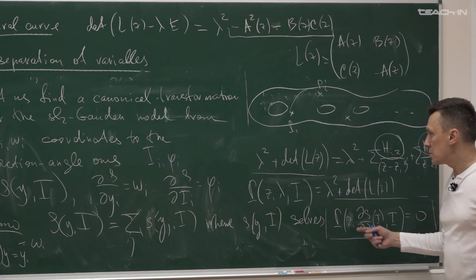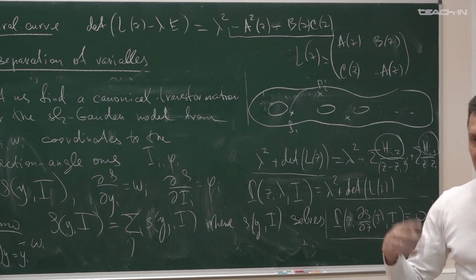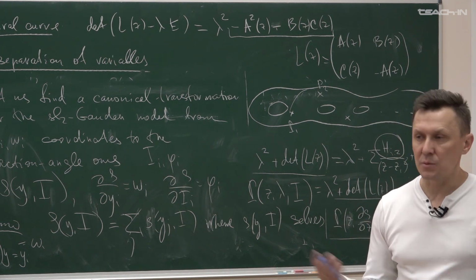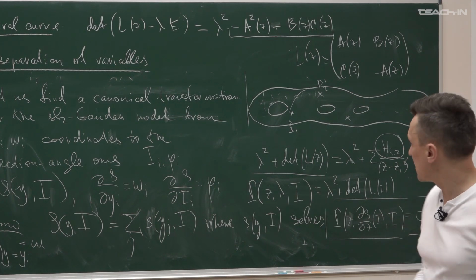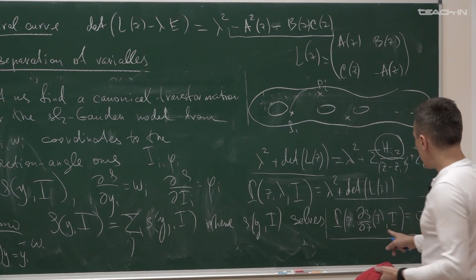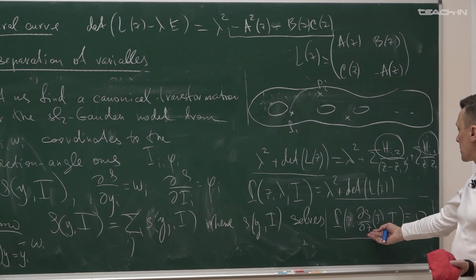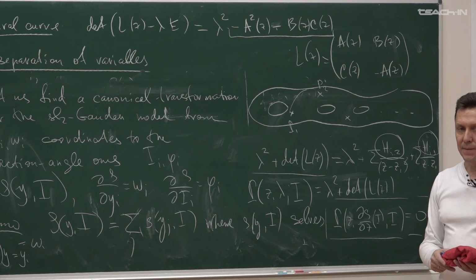And if we do so, we construct the canonical transformation from the separated variables to the exponential variables. And it means that we find the solution of the whole system. And the only non-trivial problem is this, but this is a differential equation in one variable.